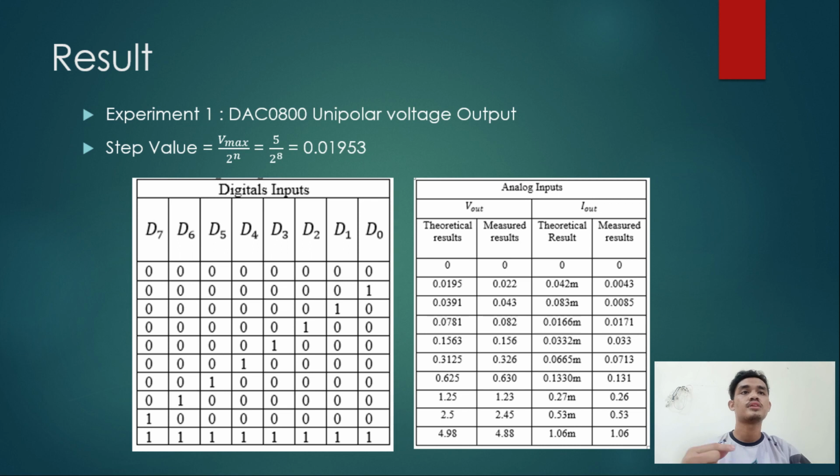For the measured result for I out, we need to open circuit J1 first and connect the digital current meter to J1, and this step is repeated according to the digital inputs given in table 1 also.